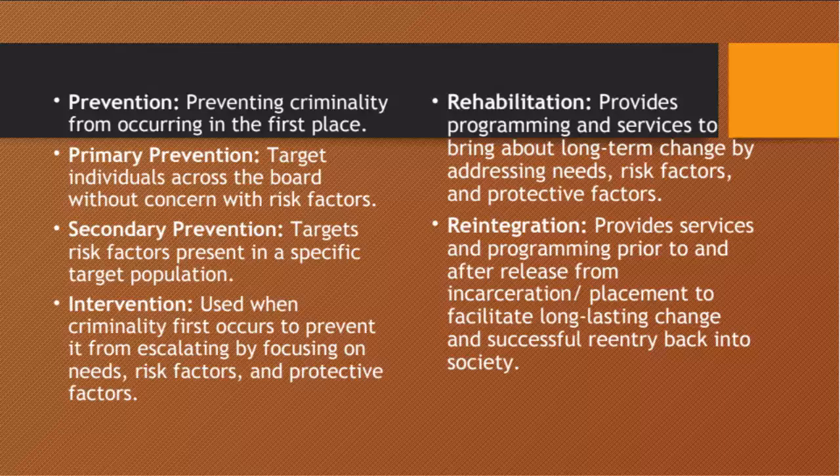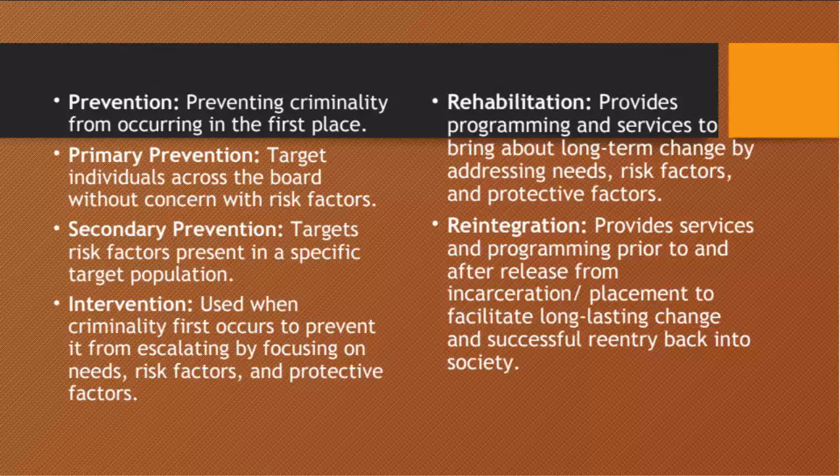Examples would be, in schools in areas that do have a lot of gang activity, you might have a gang prevention program in that school. Or let's say you have a program for juveniles who have one or both parents incarcerated. Having a parent that is criminalistic is a risk factor.